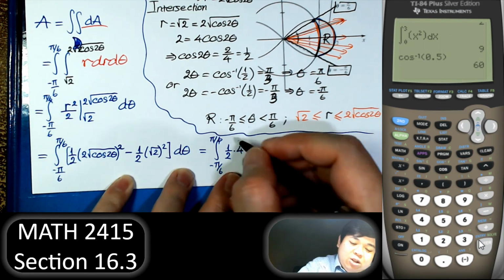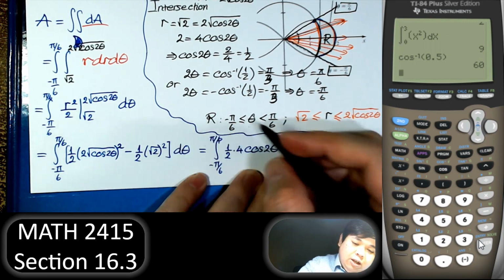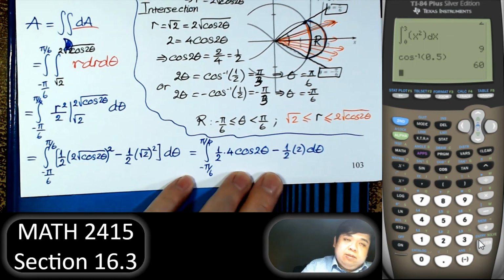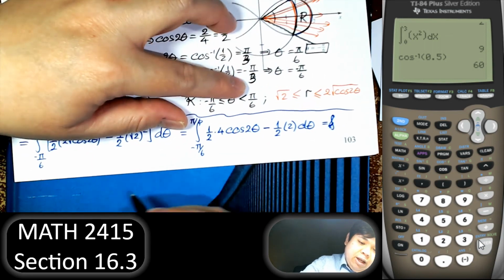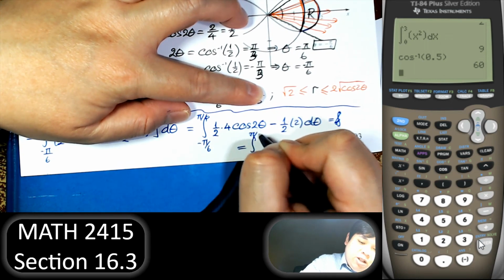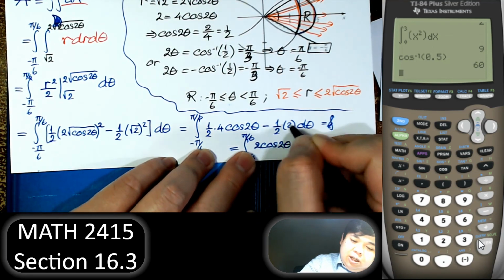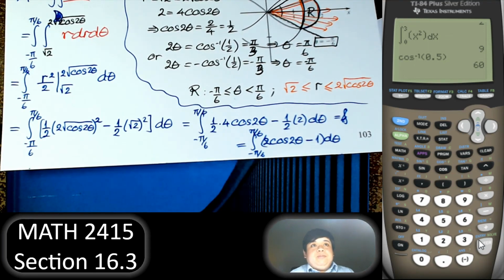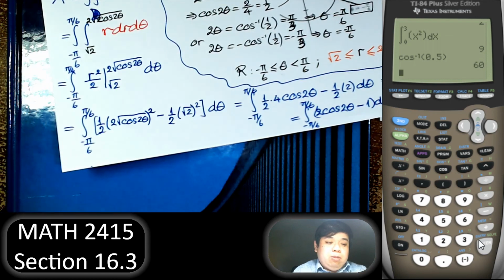Square cancels the square root. Minus 1/2 times 2 d theta. I ran out of space, so I'm going to just stop at this. I'll say this is 2 cosine of 2 theta. 2 and 2 cancel out, minus 1 d theta. I know this one is not going to be nice and even, but that's the idea. The integral here is very easy to do, so I'm not going to bother to do that.